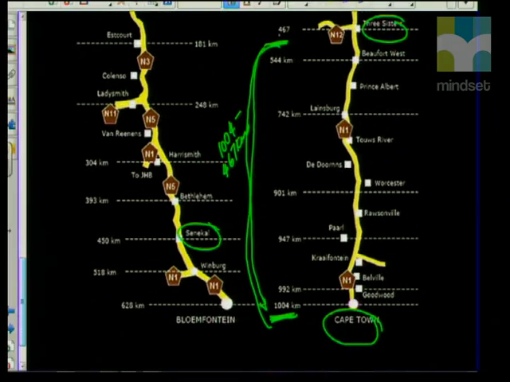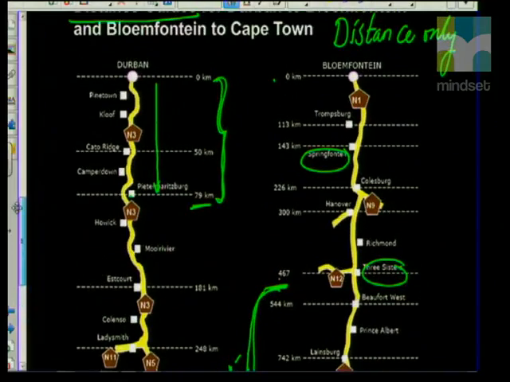Now the problem is that they are on two different distance maps. I now know that Senekal is just a little way away from Bloemfontein, and so is Springfontein a little way away from Bloemfontein. So therefore, in theory, I should be able to go via Bloemfontein from one to the other.